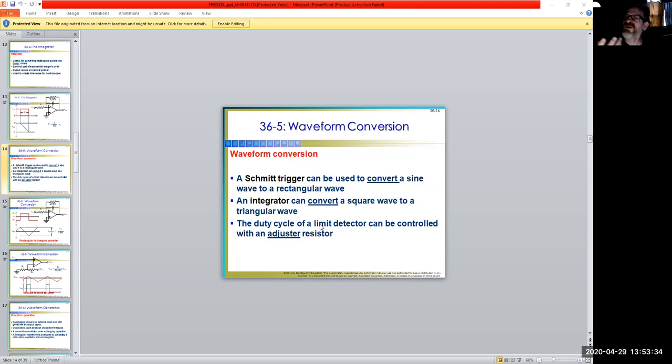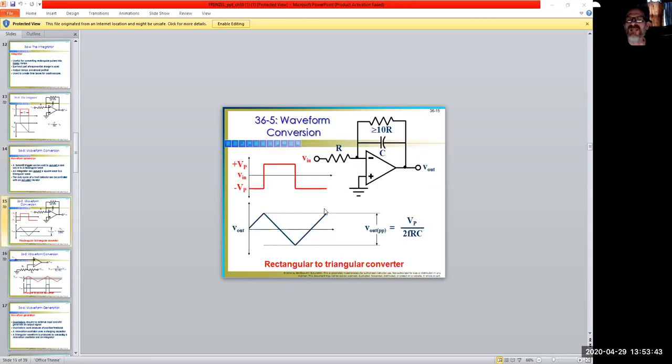And everybody knows what duty cycle means, I hope, at this point, right? Is that something hopefully you've gotten out of digital, or is that something we need to address here? How we deal with an on and off again. Basically, it's a ratio of how on you are compared to the whole cycle.